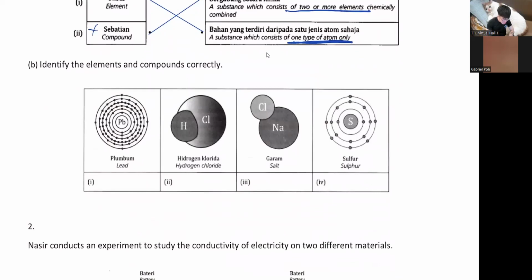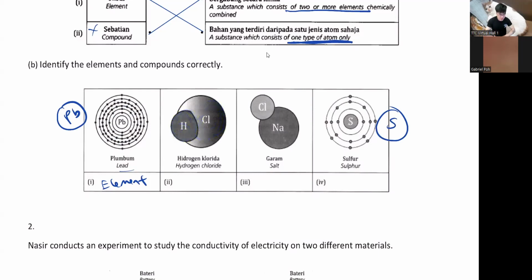Identify elements and compounds. So your lead is an element. They should draw it as one ball, like this. You might ask, sir, what are all these dots here? These are electrons. You don't need to know. Same goes for this S here. When you see 2 here, you see hydrogen. This is one Lego. Chlorine is another Lego.